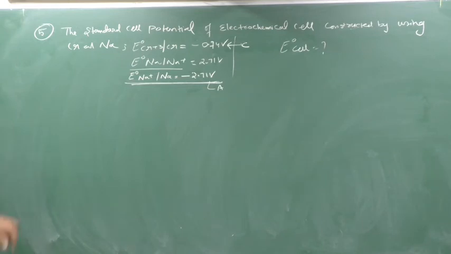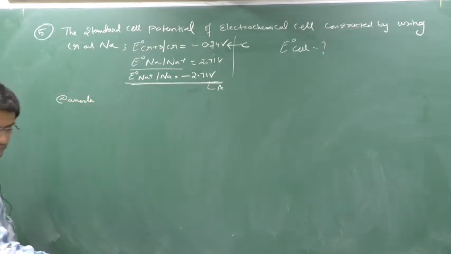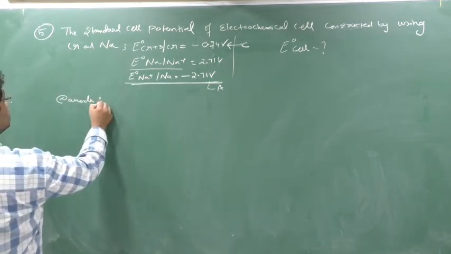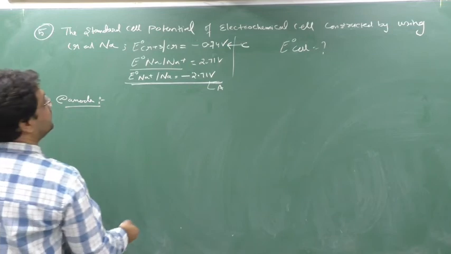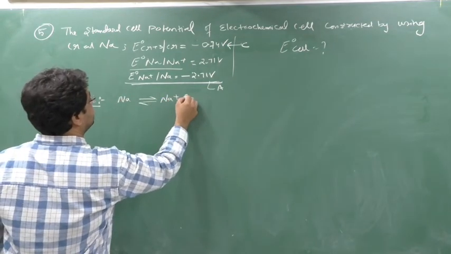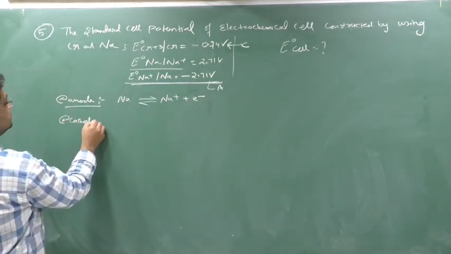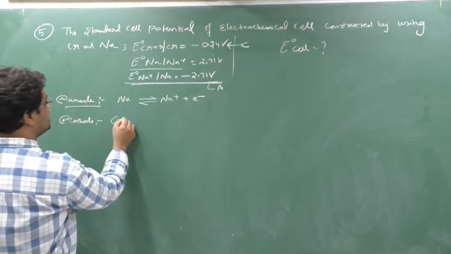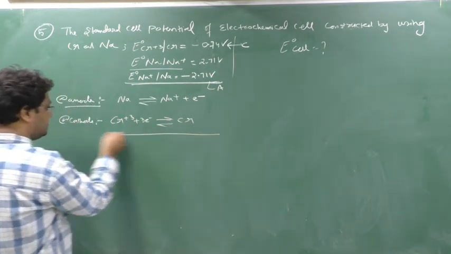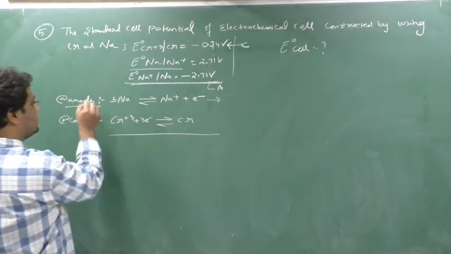At anode, sodium: Na gives Na plus plus electron, and at cathode chromium: Cr plus 3 plus 3 electrons gives Cr. So the anode reaction will be multiplied by 3, to make the electrons the same.